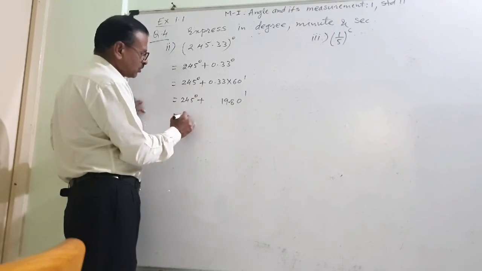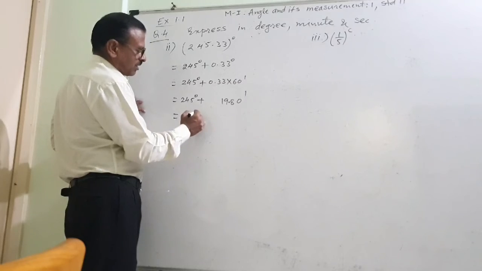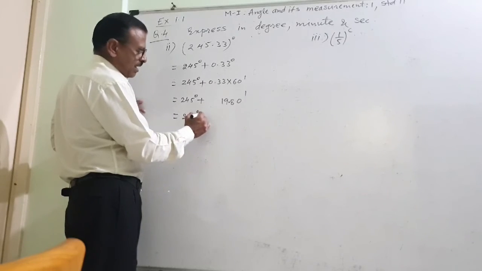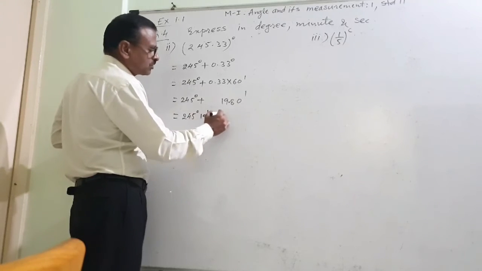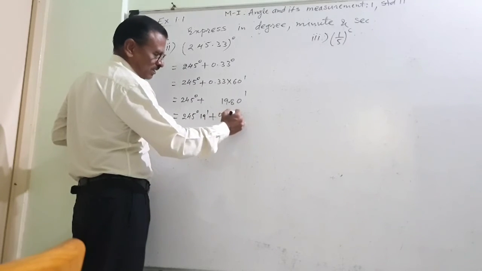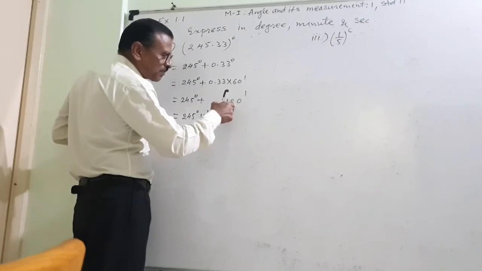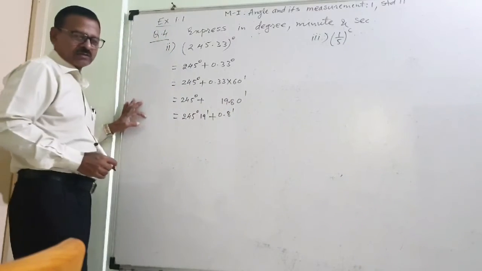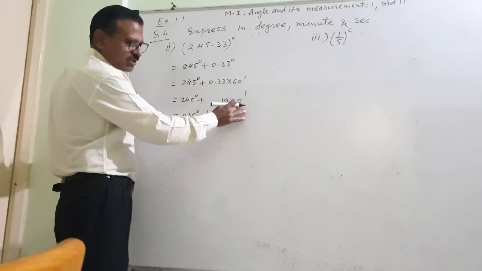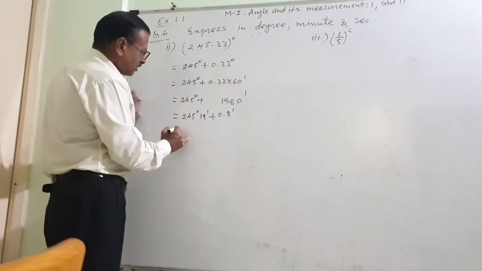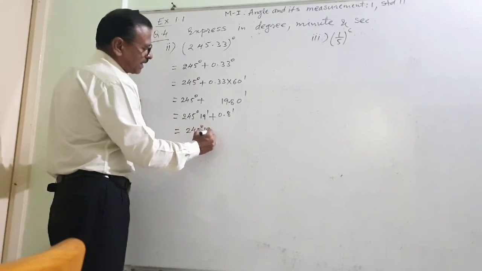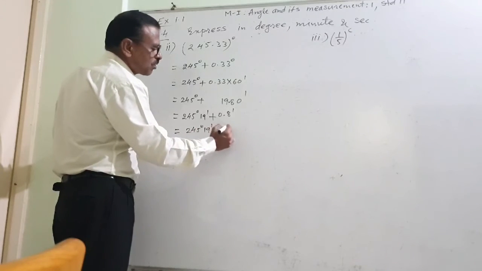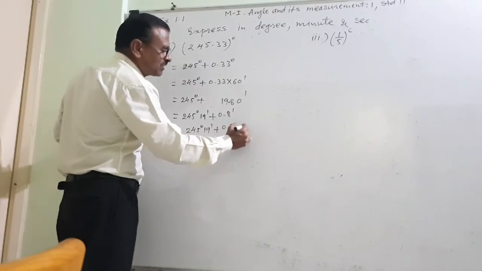So that is equal to, out of this, this is the full part and this is the decimal part. So 245 degree 19 minutes plus 0.8. This is the minute part, decimal minute point. This 0 has no meaning, that's why I have removed that. So that is equal to 245 degree 19 minutes plus 0.8 into 60.